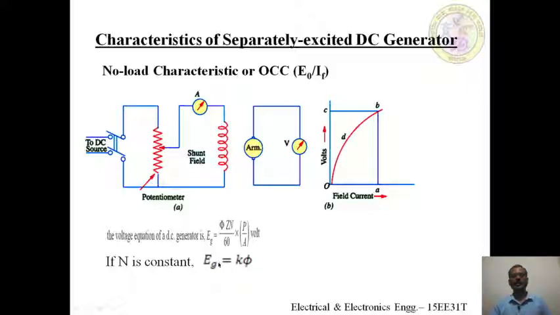After that, any increase in the field current will increase the induced EMF slowly. That is represented by the bent curve DB of the curve ODB. This is how the no load characteristic can be obtained for a separately excited DC generator.